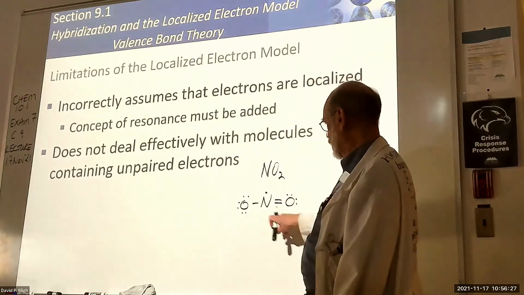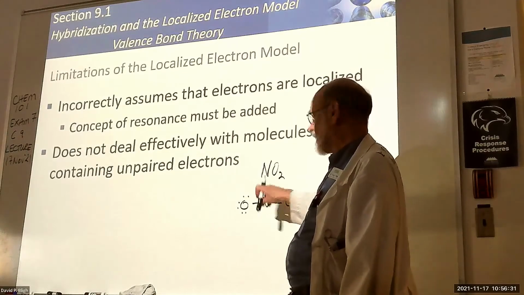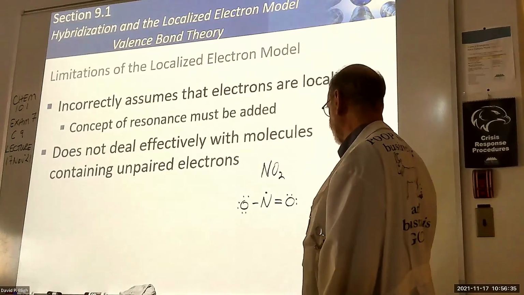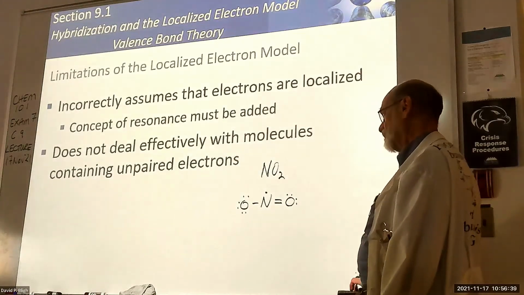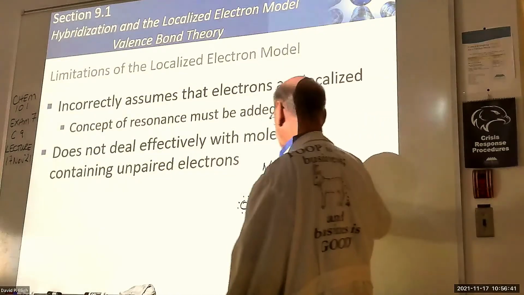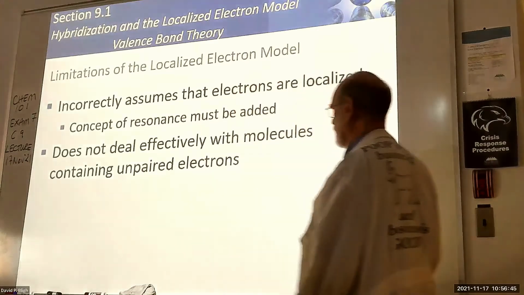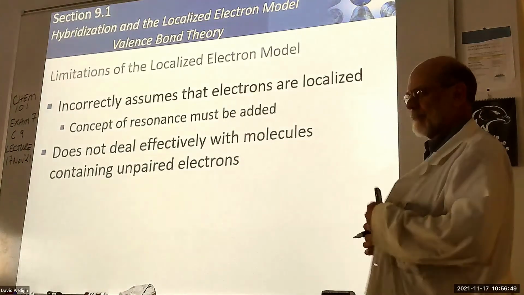So one of those unused hybrid orbitals occupies only one electron. But it's difficult to justify it. In other words, it doesn't effectively deal with those unpaired electrons.